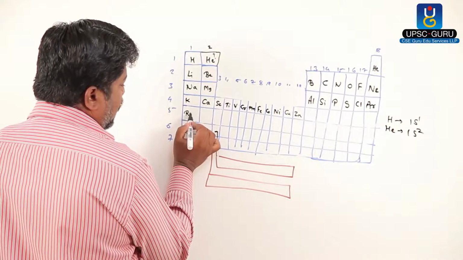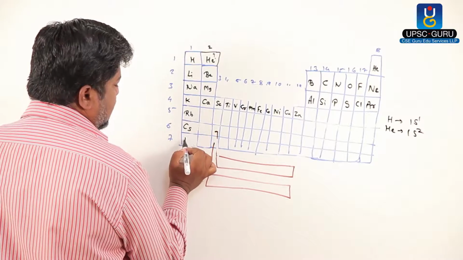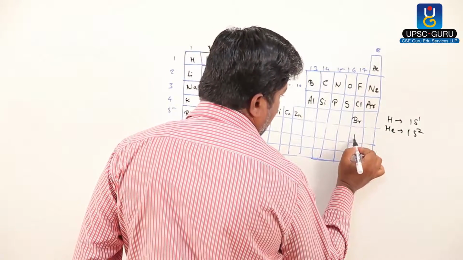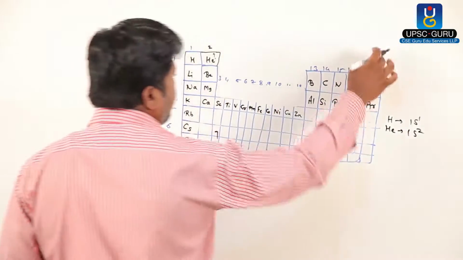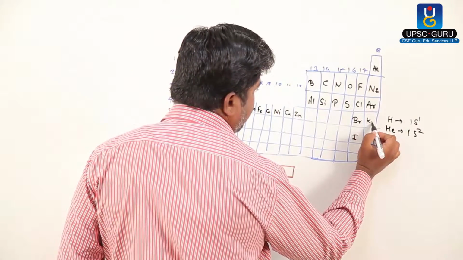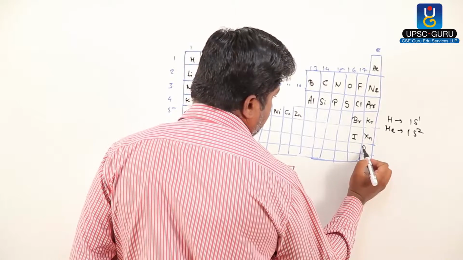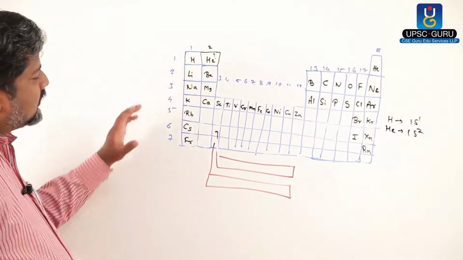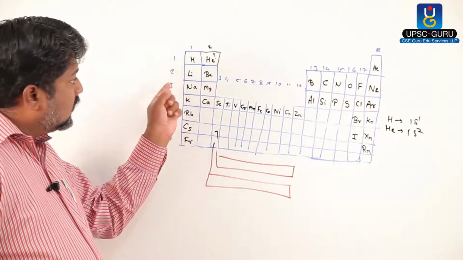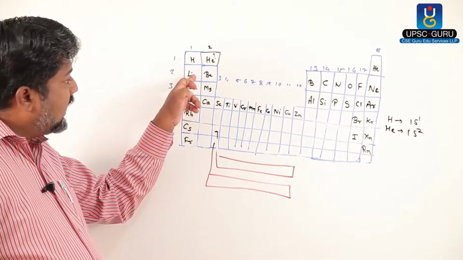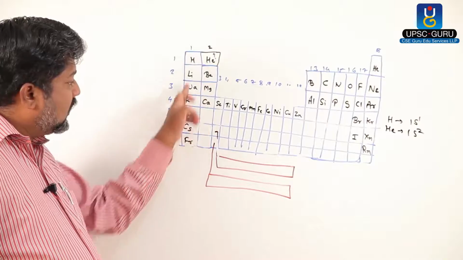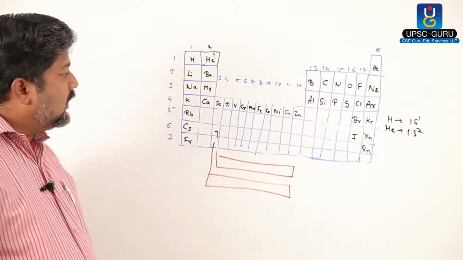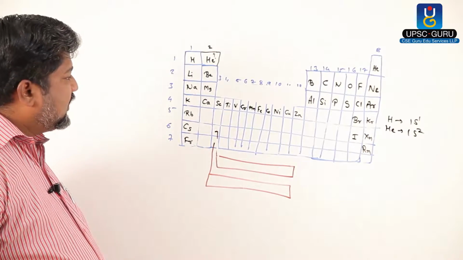Then potassium, rubidium, cesium, francium. Here fluorine, chlorine, bromine, iodine, argon, krypton, xenon, radon. Now check: try any one element where you are aware of the electronic configuration, and you will always get that the s shell is under construction.